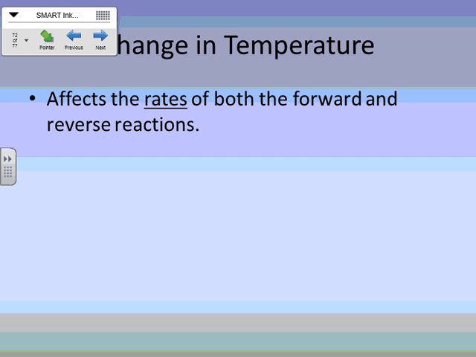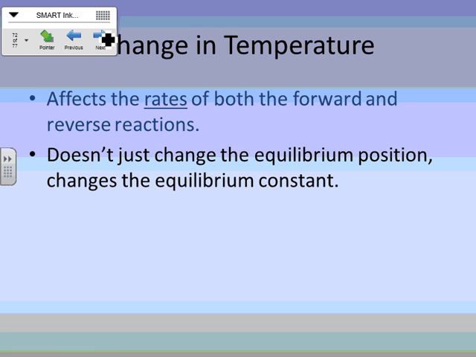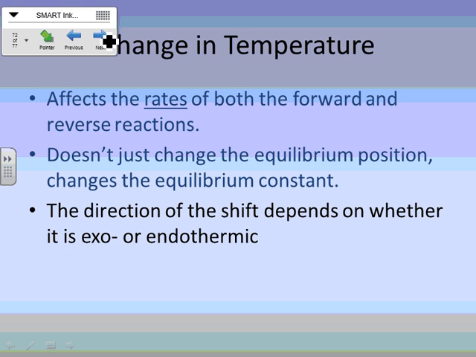It affects the rates of both the forward and reverse reactions, which we talked about in the last chapter. So it doesn't just change the equilibrium position, it changes the equilibrium constant itself. Because remember, the equilibrium constant is based on the rate constants. We talked about that in the very first section of this unit. So the direction of the shift depends on whether it's exothermic or endothermic.